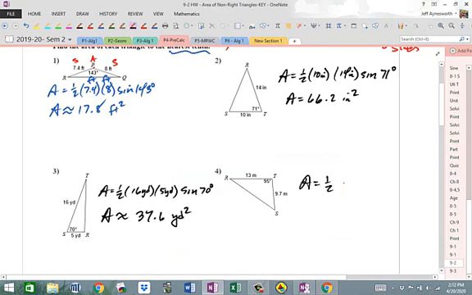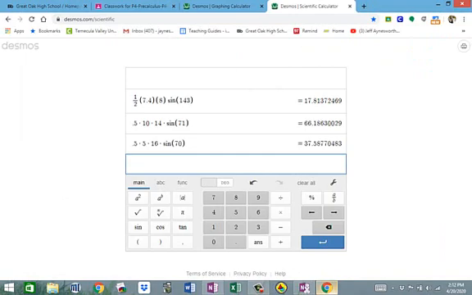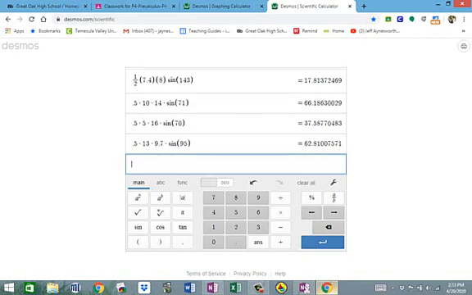Number 4, 1/2 times 13 meters times 9.7 meters times the sine of the included angle, 95 degrees. What would the area be in that case? Let's figure it out. 0.5 times 13 times 9.7 times the sine of 95 degrees, and you get about 62.8 square meters.